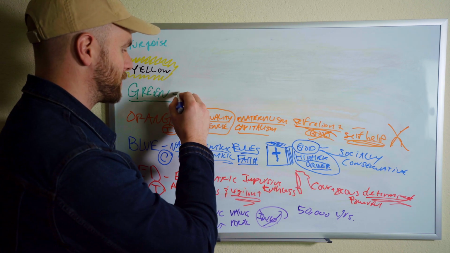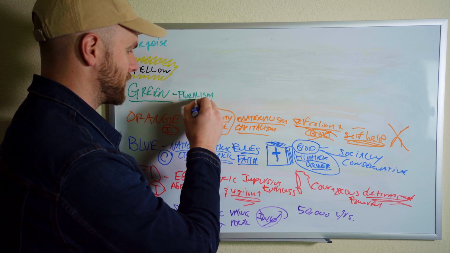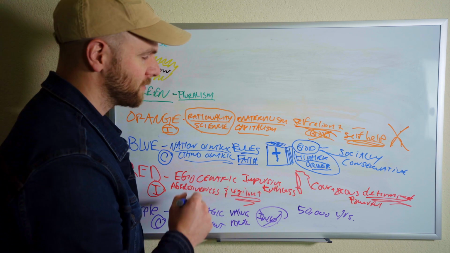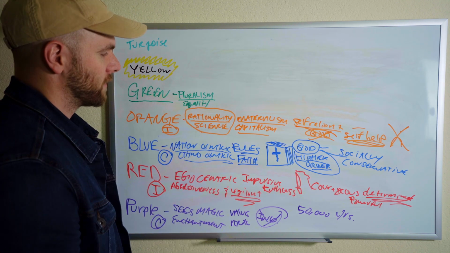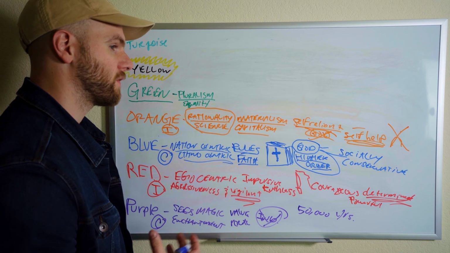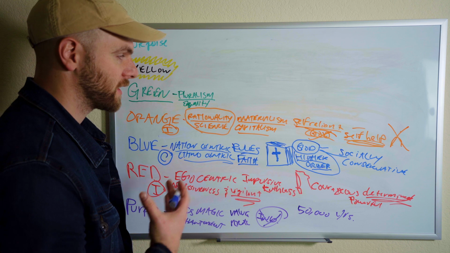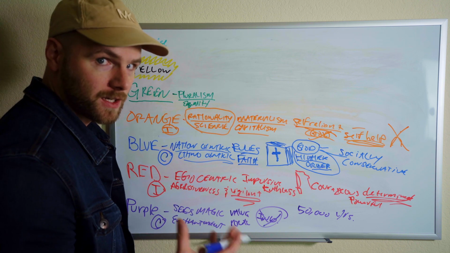So green values pluralism because of that. Everyone's invited to the party. This can get green in a bit of trouble. We'll talk about that later. We also value equality, right? So at green, we realize, everyone is a part of the world. We're all one. We're all part of the divine. We all should get an equal amount of love and care and respect.